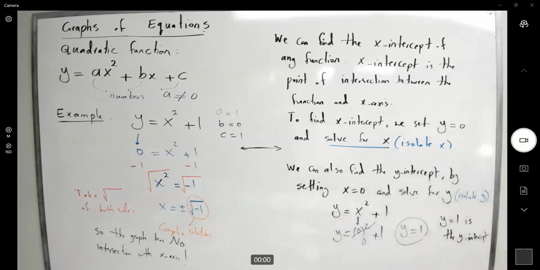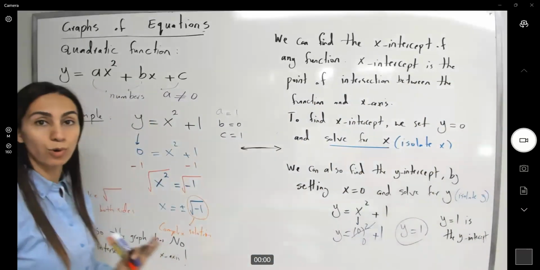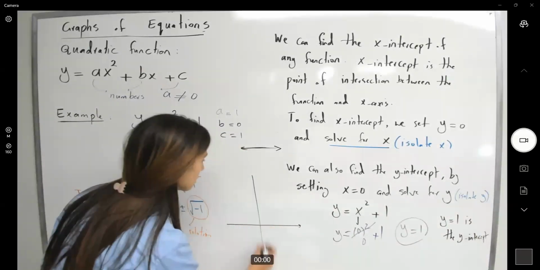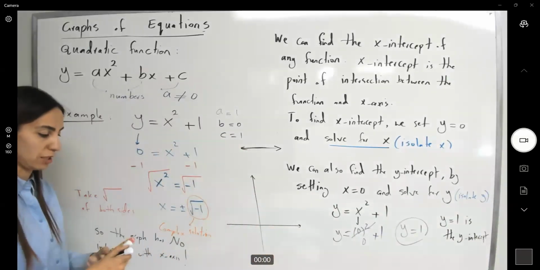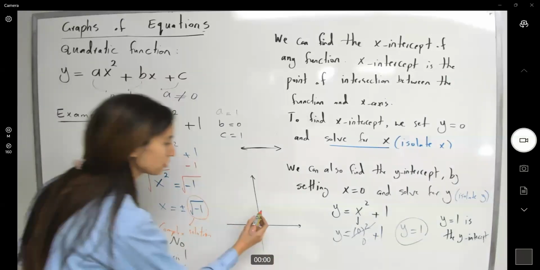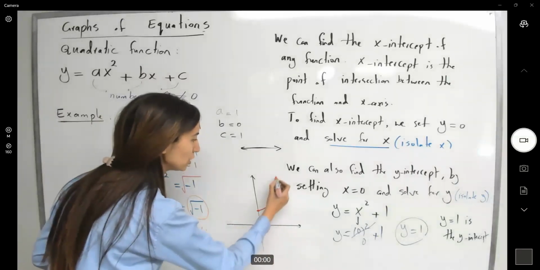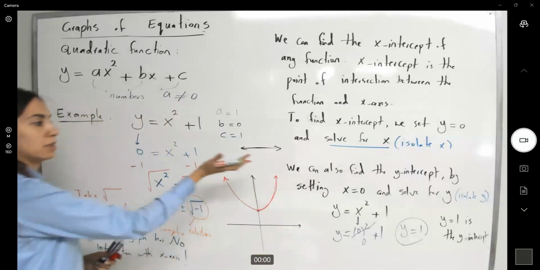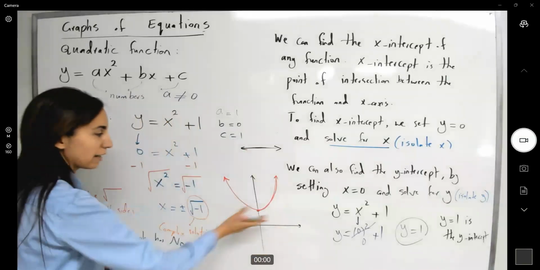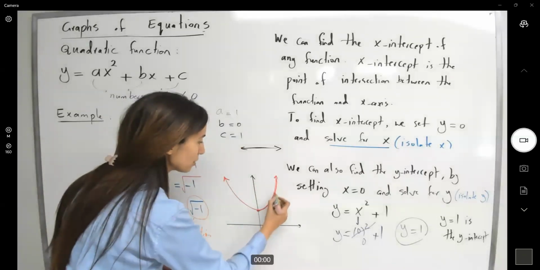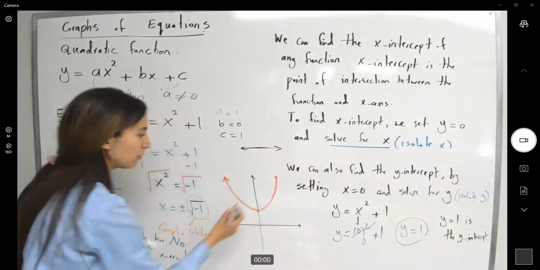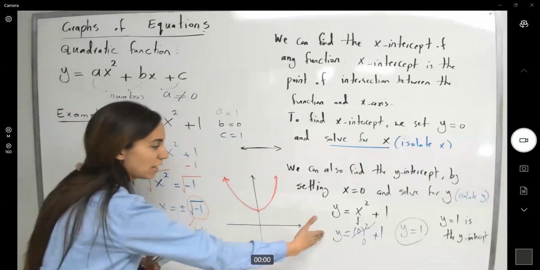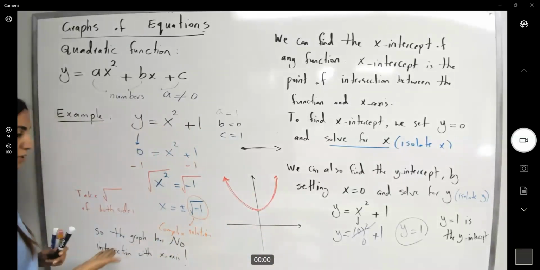So what is our observation here? If we use Desmos, the graph of the function is going to be like this. The parabola is going to be moved 1 unit upward, and it opens upward. So this is your parabola, and as you can see, there is no intersection between the graph and the x-axis.